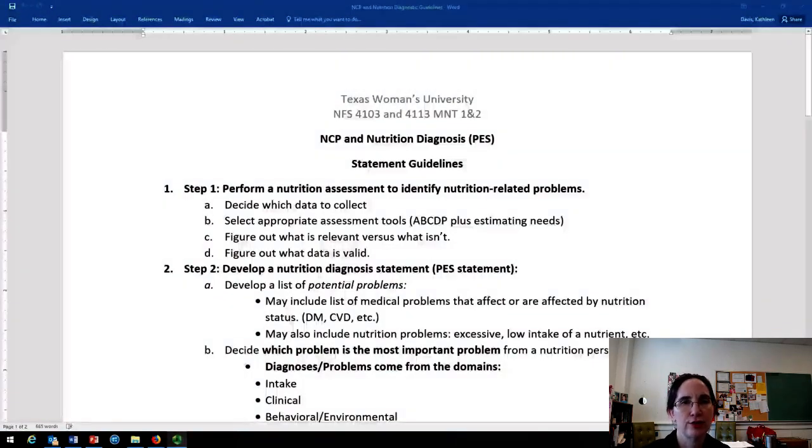Step 1 in the nutrition care process is to perform a nutrition assessment. Remember, to do this, you have to decide which data to collect.